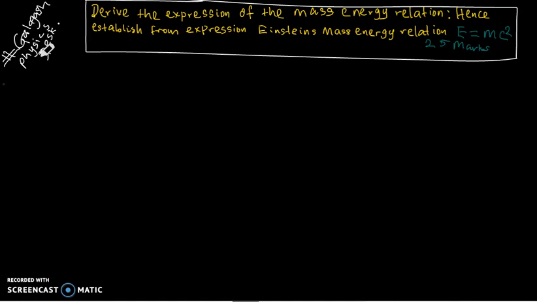We know that relativistic mass is given by m is equal to m naught divided by the square root of 1 minus v squared divided by c squared.